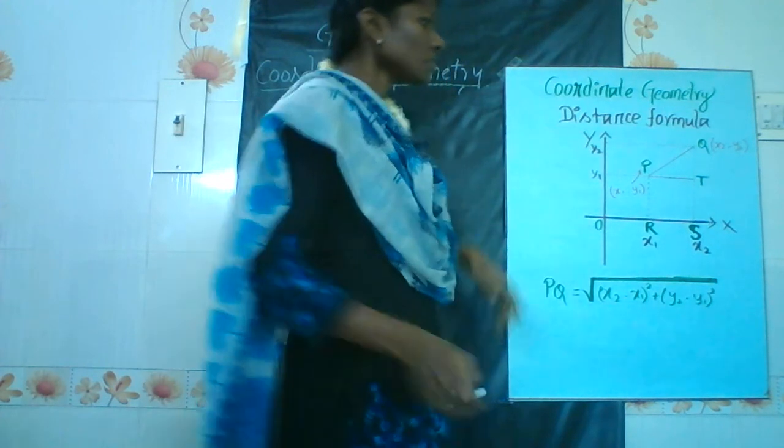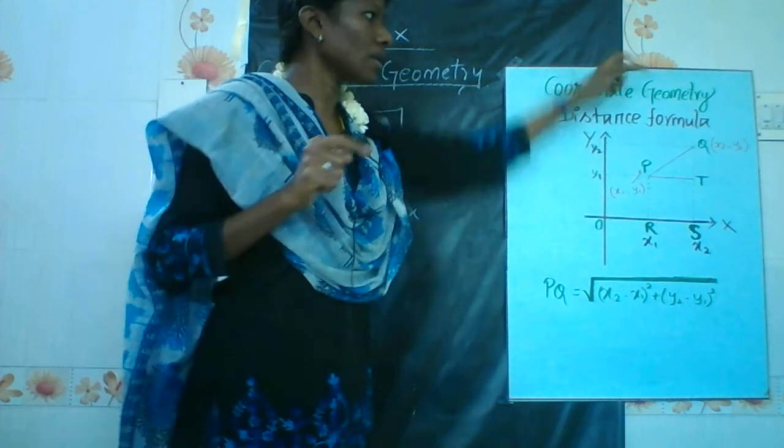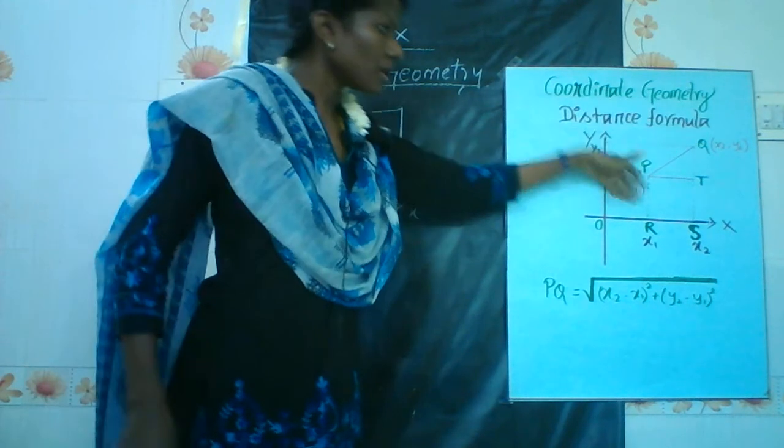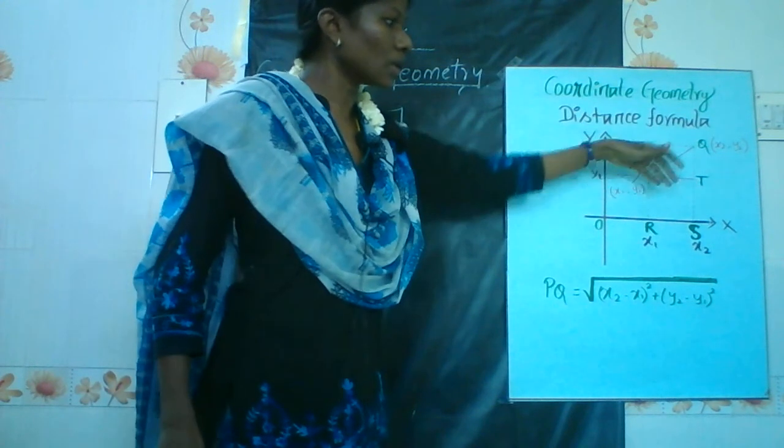I have drawn two vertical lines from P and Q. PR is vertical to x axis and QS is vertical to x axis.